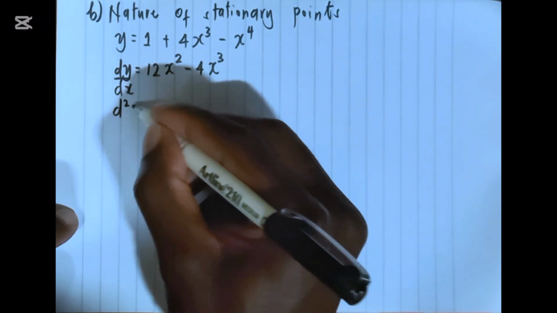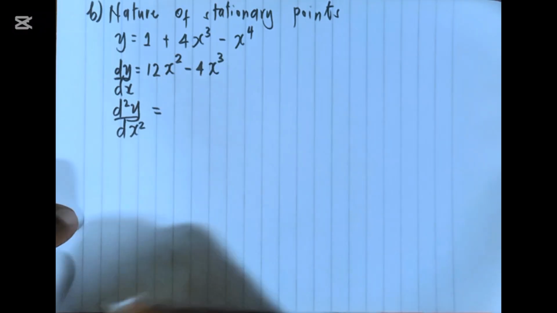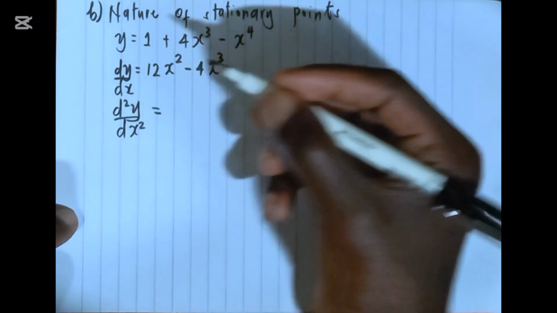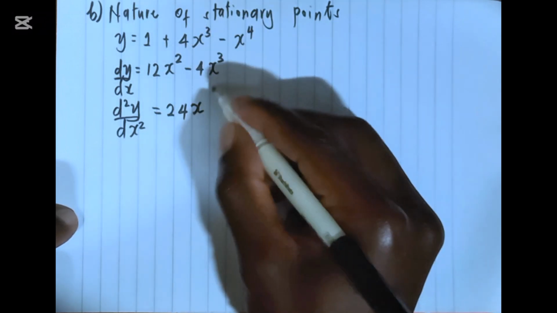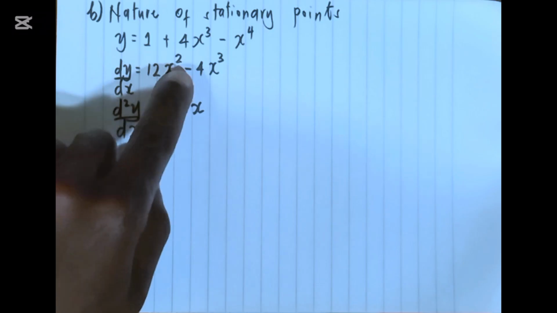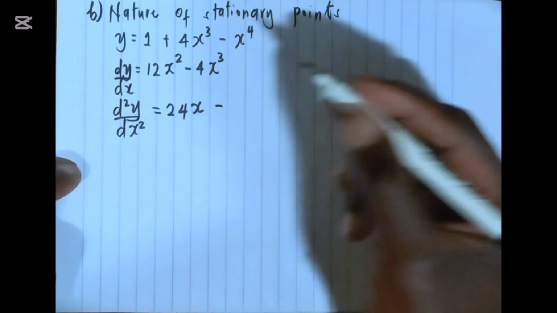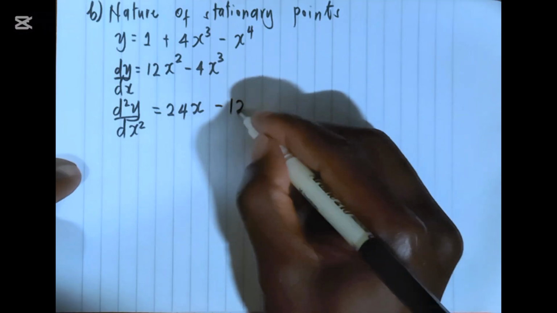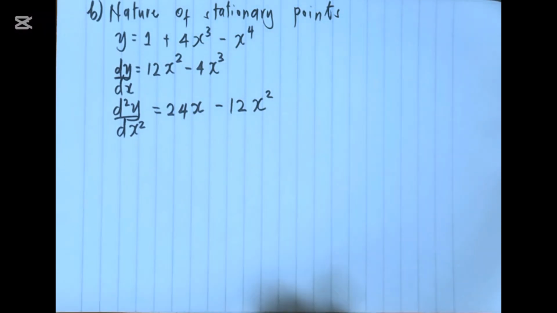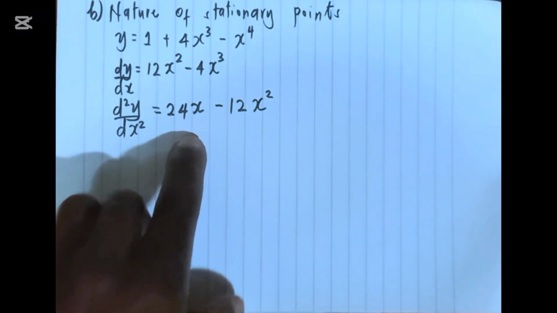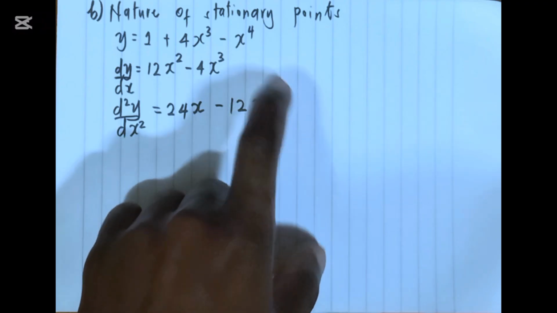The second derivative of our function y with respect to x will give us 2 times 12, which will be 24x raised to 1, as in 2 minus 1 there, minus 3 times negative 4, which is going to give us negative 12x raised to 3 minus 1, giving us 2. So we have our second derivative as 24x minus 12x squared.